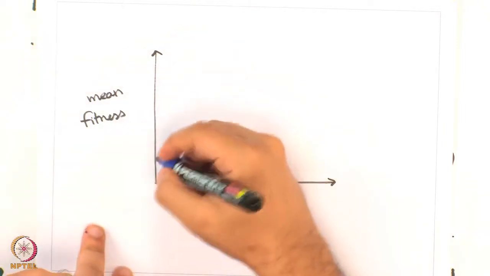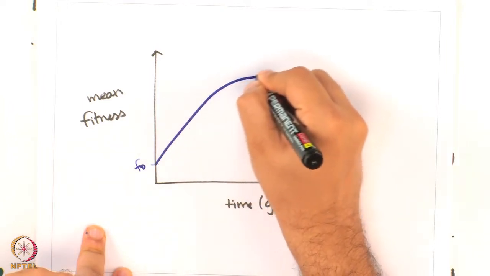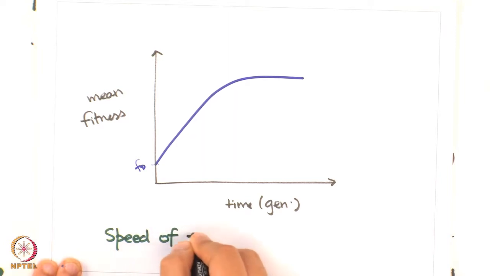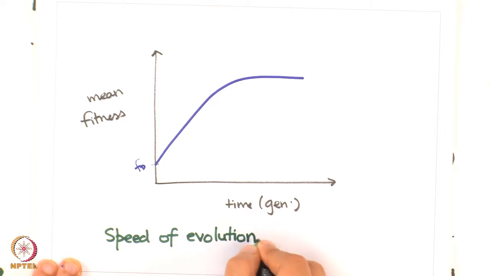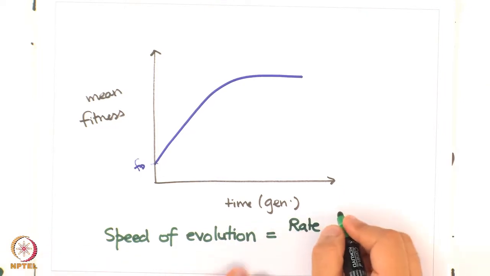And we note that starting from F naught, the population increases and then saturates. And one of the ways we can define a quantity called speed of evolution is equal to rate at which fitness changes with time.